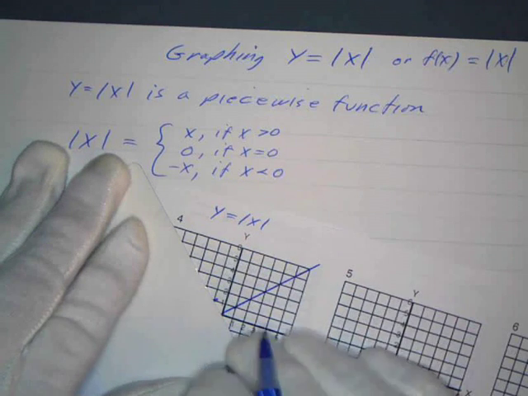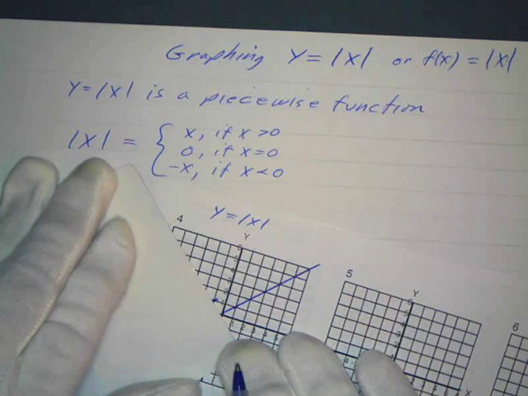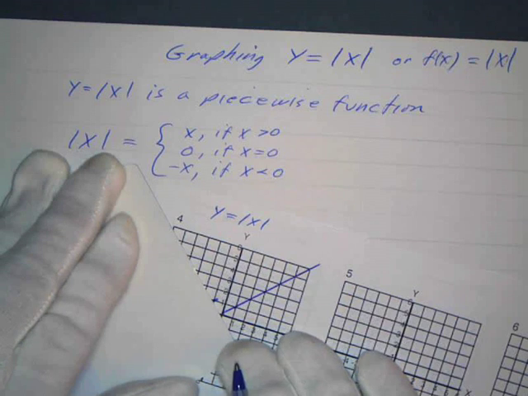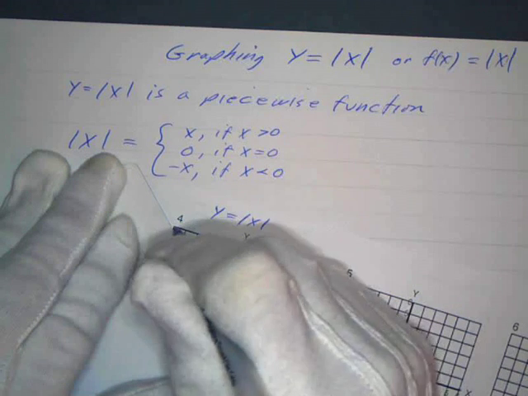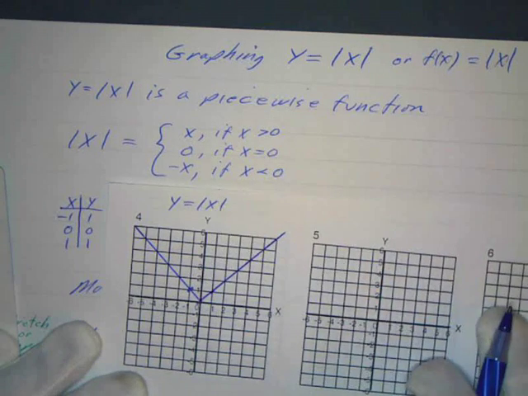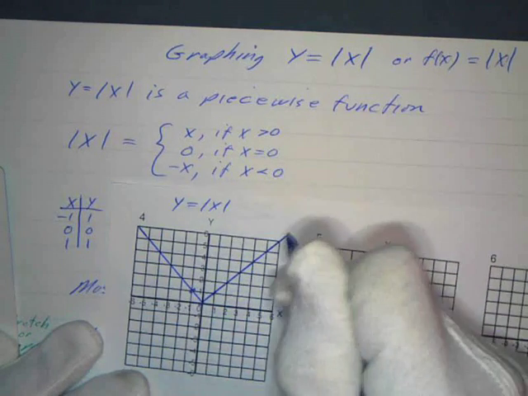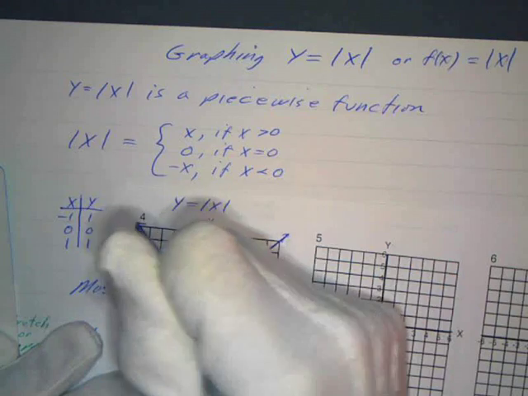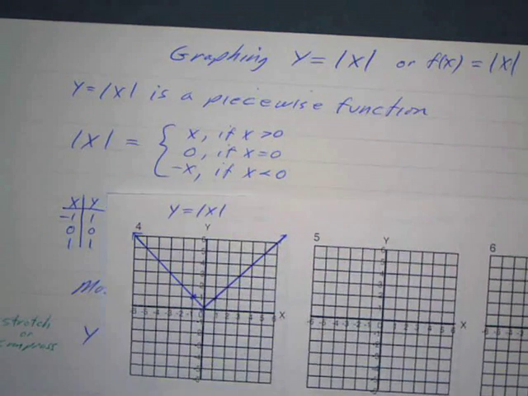It ends up looking like the letter V. In its basic form, that's what we've got. So there's your absolute value of x.